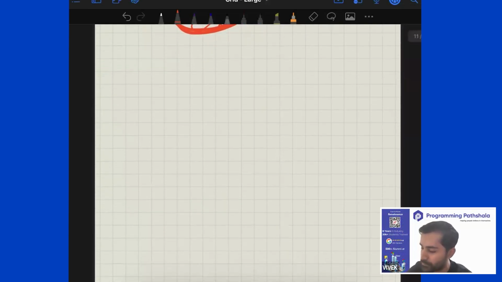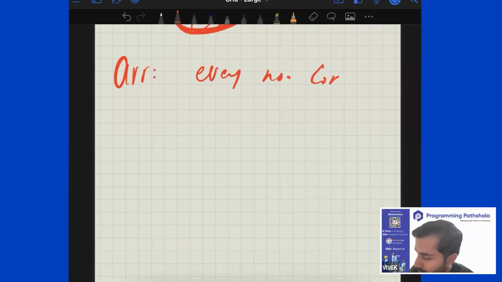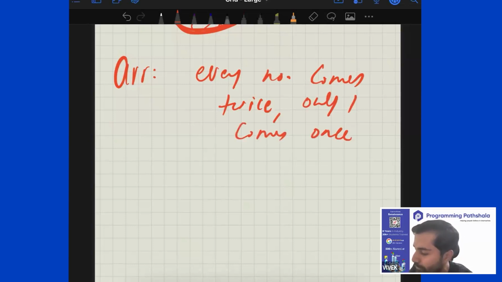Another problem, a very well-known problem. I think maybe all of you would know about it, but still. Let's say there is an array in which every number comes twice. I'm sure the moment I write the question, you would understand. Every number comes twice, only one comes once, and you have to find that number.